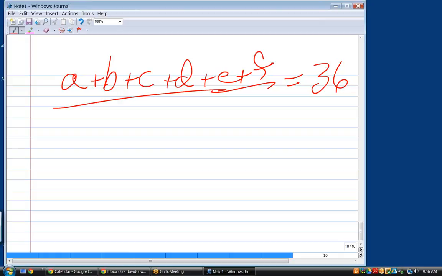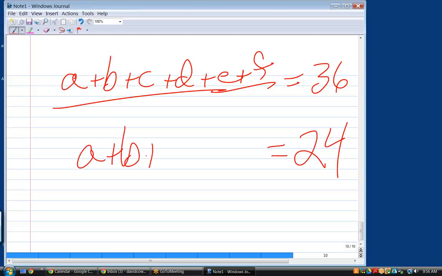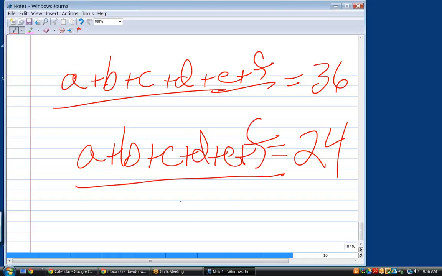So how much am I taking away from the total? 12. So the new total has to be 24, right? So if I have A plus B plus C plus D plus E plus F, divided by 6, and it's equal to 24, what's the new average? 4. Correct.